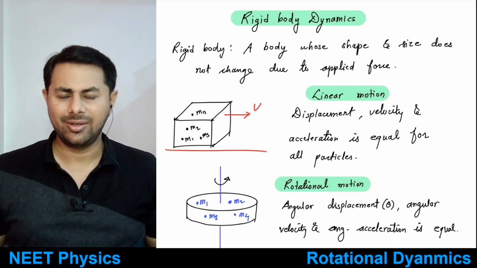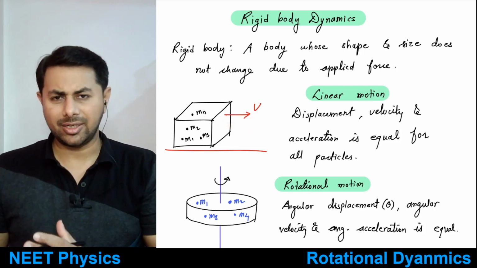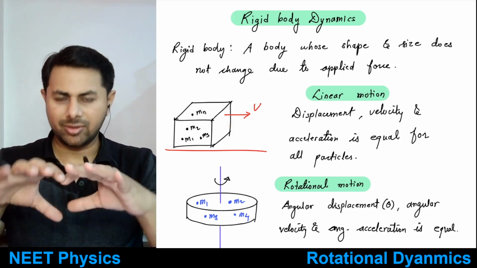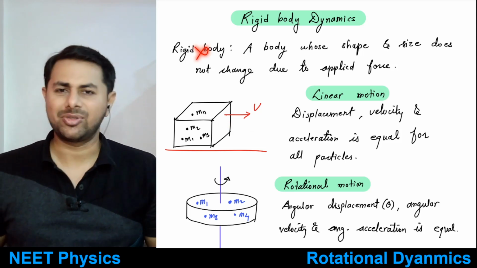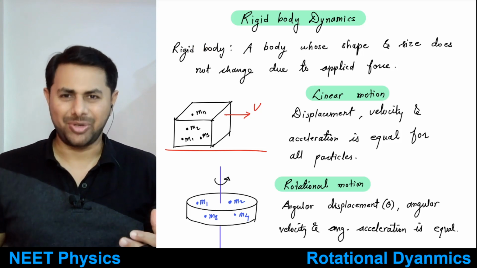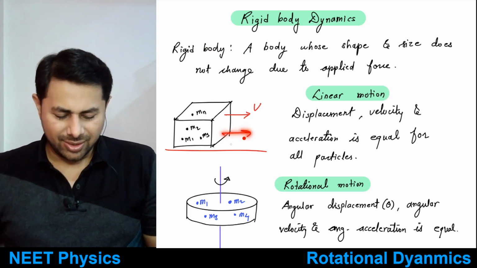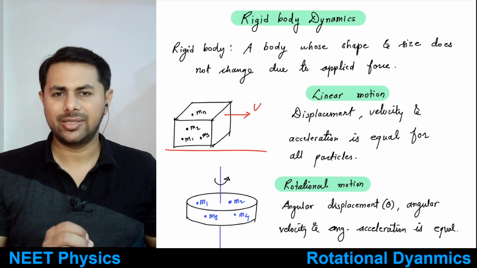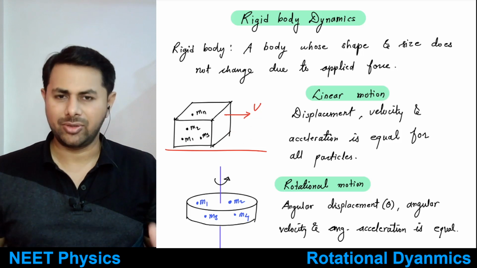Why can't it happen? Because then some particles will move ahead and some particles will be left behind, and because of that the shape of the body will change, and then our definition becomes wrong, that it's a rigid body. For a rigid body the shape will not change. So all particles must be moving with the same velocity in order that this body would be a rigid body.